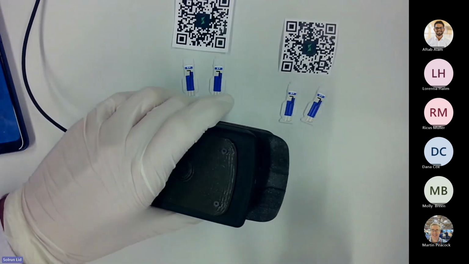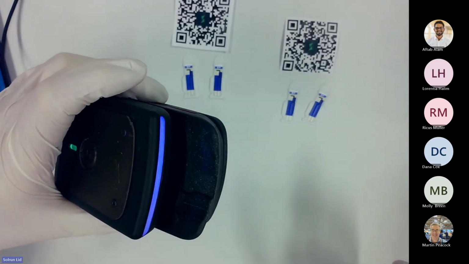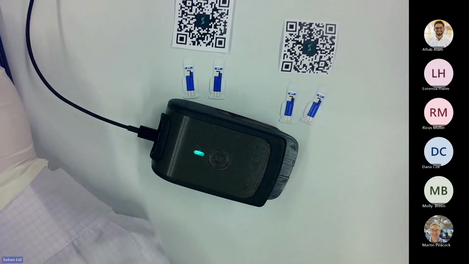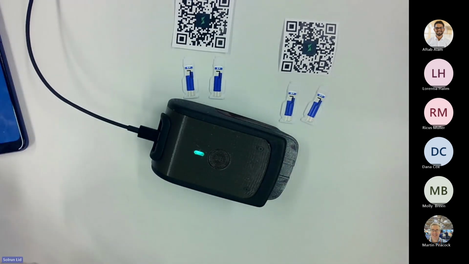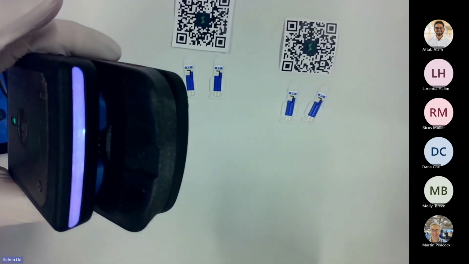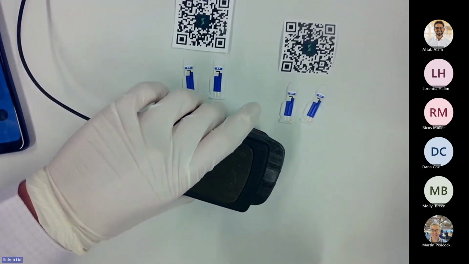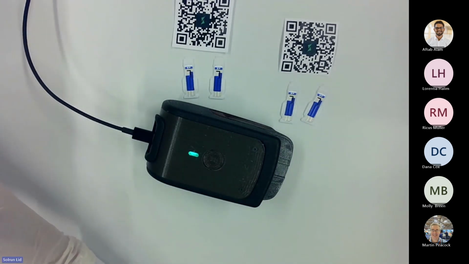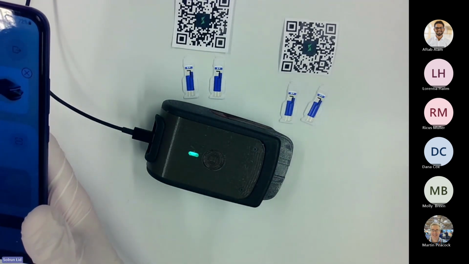I'll just disconnect real quick, and you can see that it's blinking blue, indicating that it's looking for a connection. So now that I connected it, it's a continuous light.